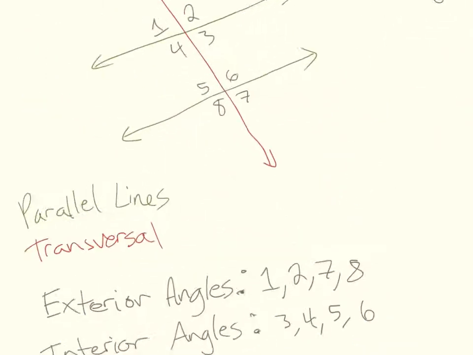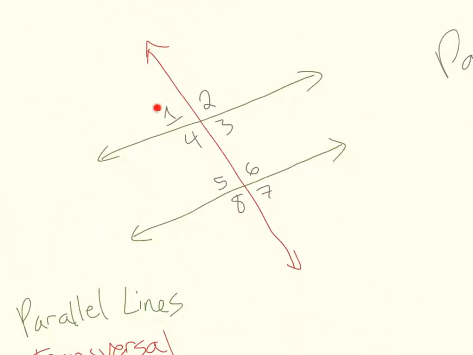So if I look back up here, angle 1, its corresponding angle, you'd look and find which angle is in that same position on the other side, and that's angle 5, both in the upper left hand corner. 2 and 6 would be corresponding angles because they're both in the upper right hand corner. 3 and 7 would be corresponding angle pairs, and then 4 and 8 would be your last corresponding angles. So with that said, let's get into some of the homework problems.